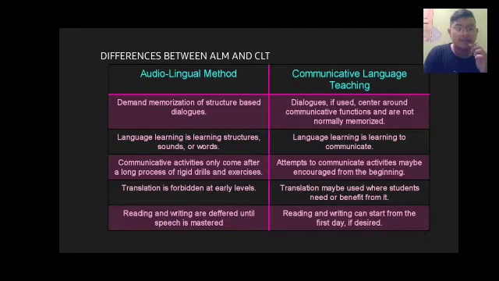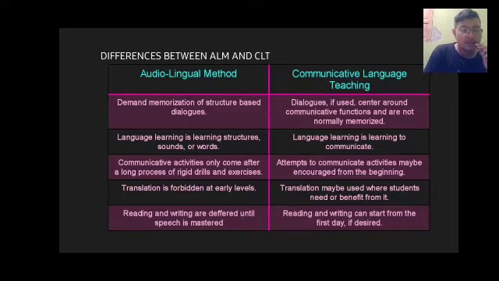There is a difference between ALM and CLT. The first one is ALM demands memorization of structure-based dialogues. In communicative language teaching, dialogues, if used, center around communicative functions and are not normally memorized. The second one, in ALM, language learning is learning structure, sounds or words, and then in CLT, language learning is learning to communicate.